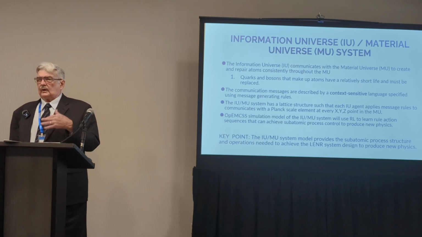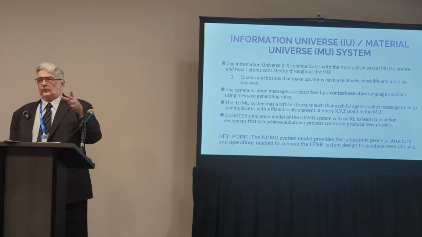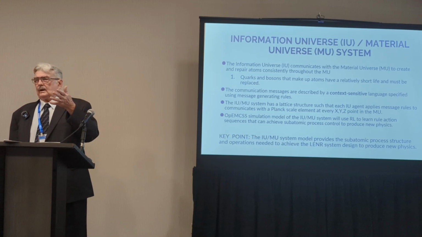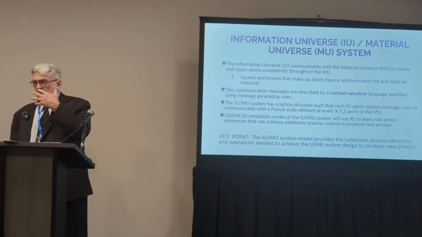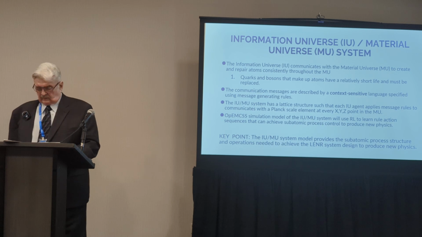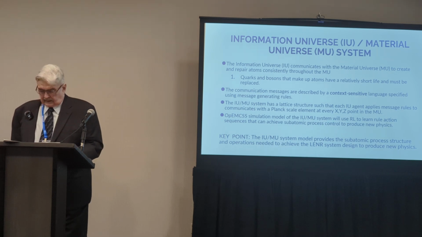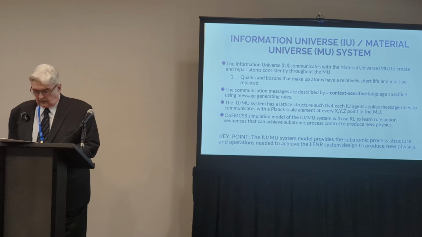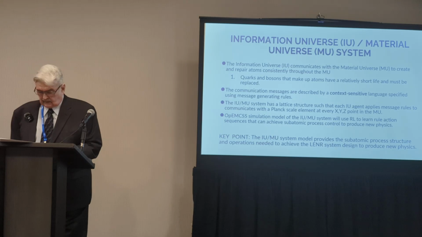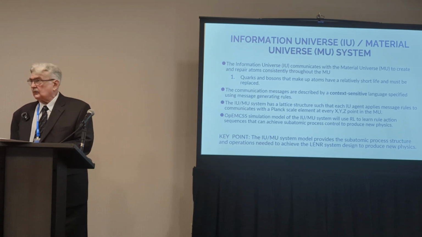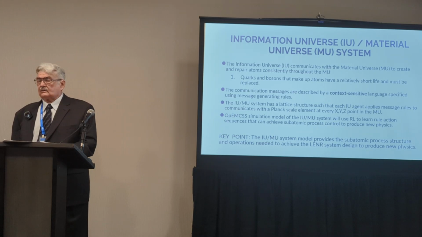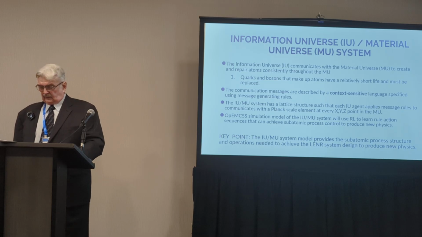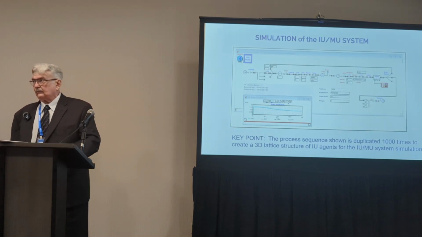So you have the information universe, where there are rules and intelligence, and then in the material universe you have these agents, which communicate in order to regulate it. The key point: the IUMU system model provides the subatomic process structure and operations needed to achieve LENR systems designed to produce new physics. Again, it's simulation-based systems engineering all the way.